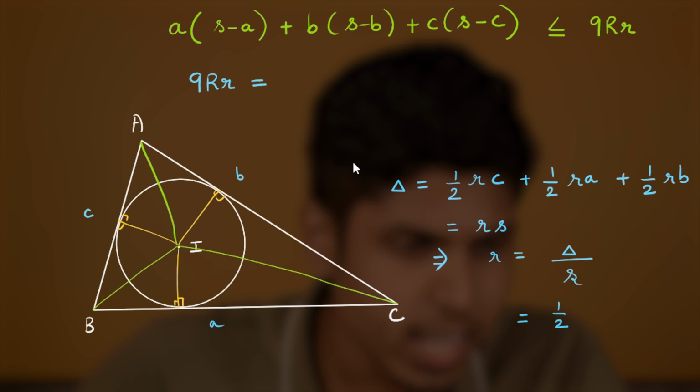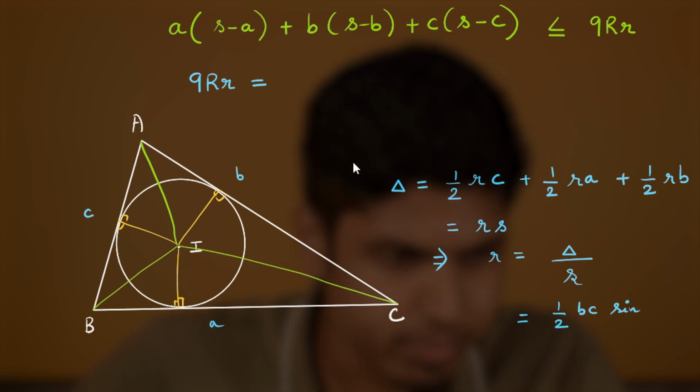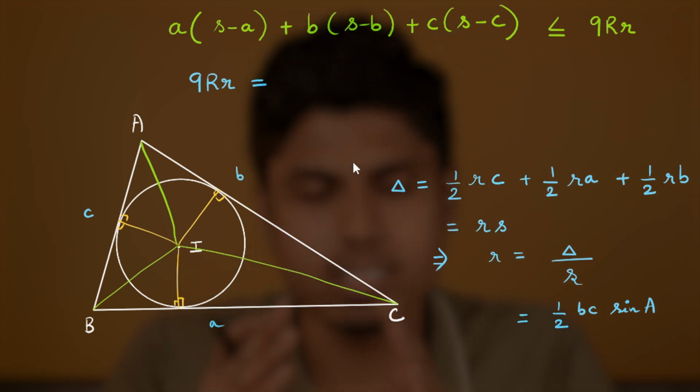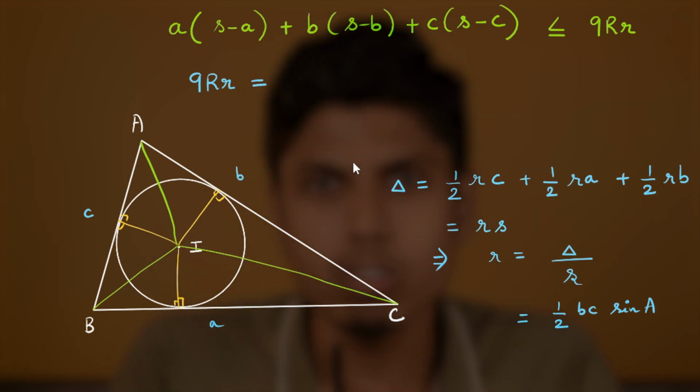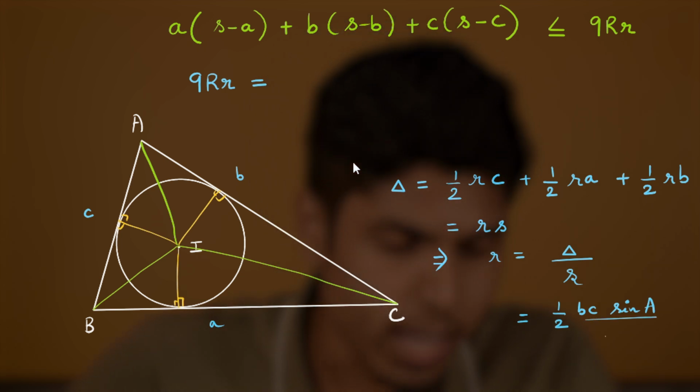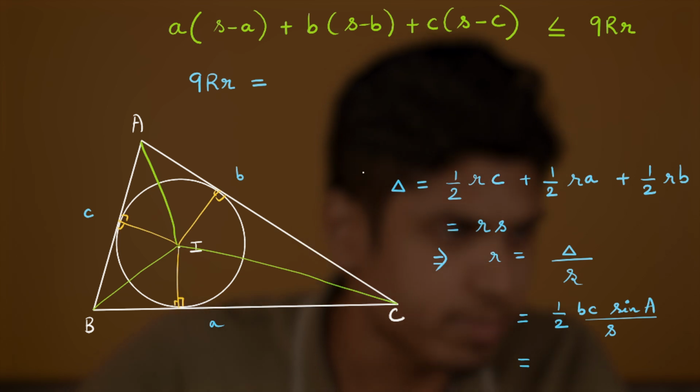We know that the area can be represented as half bc sin A, that is half times the adjacent sides multiplied by the sine of the angle contained between those two sides. So, now sine A. What is sine A?